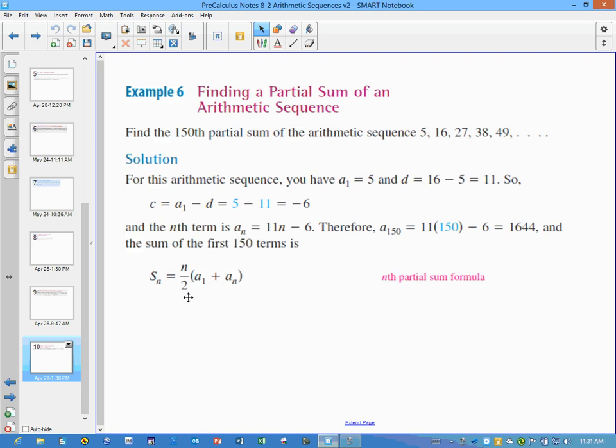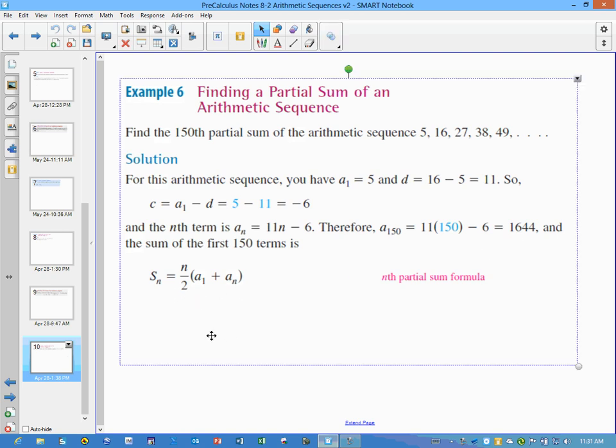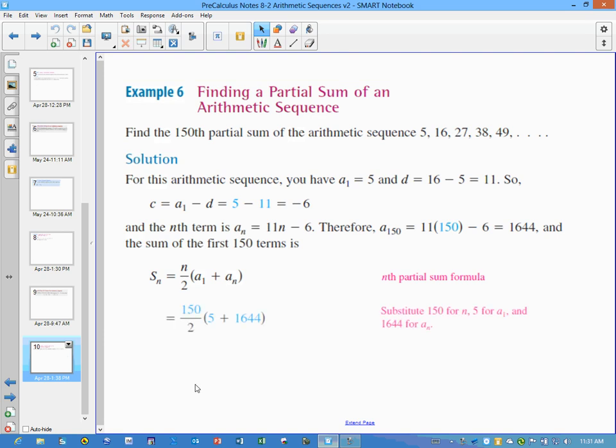So we put that into our nth partial sum formula, and we're going to find that 150 over 2 is 75, and then times the sum there means we're going to end up with 123,675. So anytime you want to find the partial sum, you simply need to know the first term, the last term, and how many terms you have, as long as it's an arithmetic sequence. And we're done.